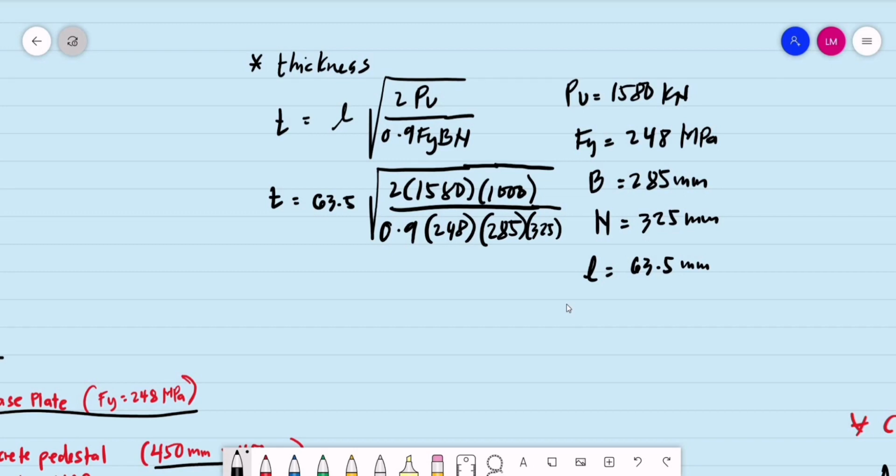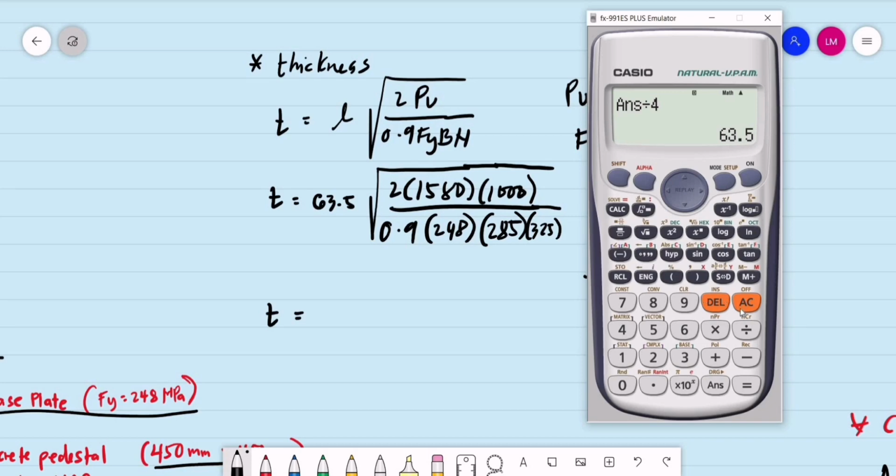Okay, so we are now ready to compute for the required thickness. We have 63.5, multiplied by the square root of 2 times 1,580 kilonewtons. We are multiplying 1,000 to be in newtons, divided by 0.9, the given Fy is 248. The value of B is 285, and the value of N is 325.